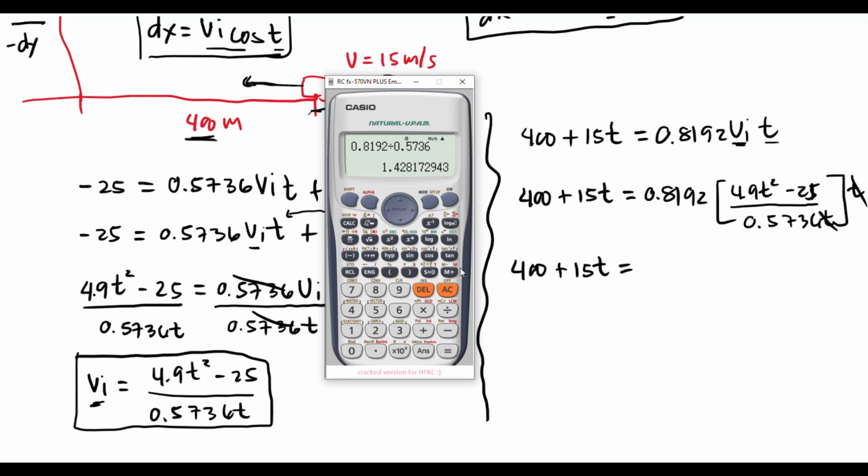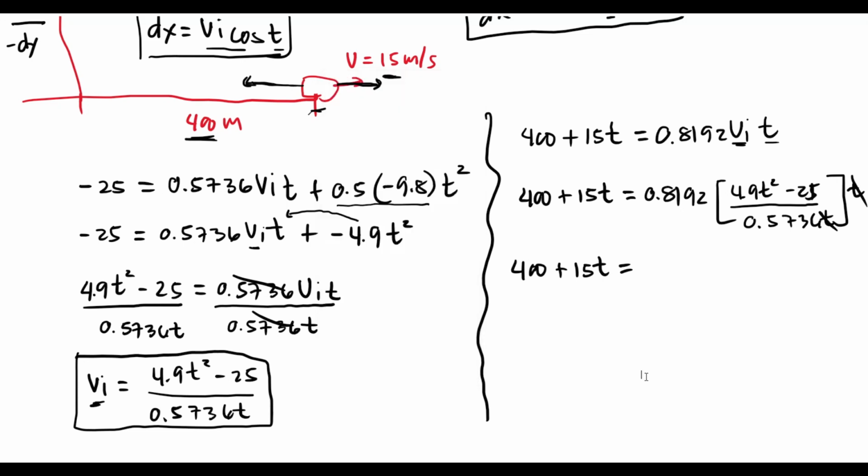So this is equal to 1.4282. So 1.4282 times this 4.9 t squared minus 25.